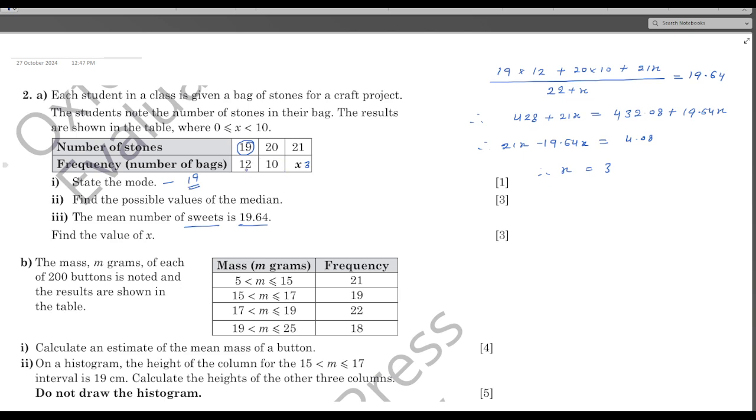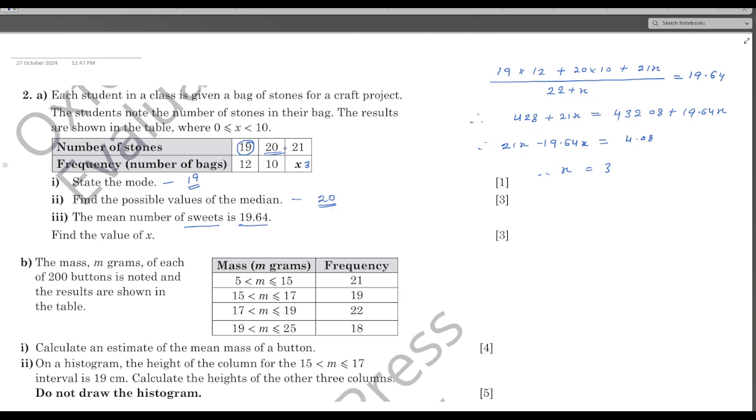When I arrange the data in ascending order, there is a total of 12 plus 10, 22, 22 plus 3, 25 data. So your 13th data is going to be the median. Up to 12 we have the number of stones 19, then the 13th bag will have 20 stones, so the possible value of the median is going to be 20.